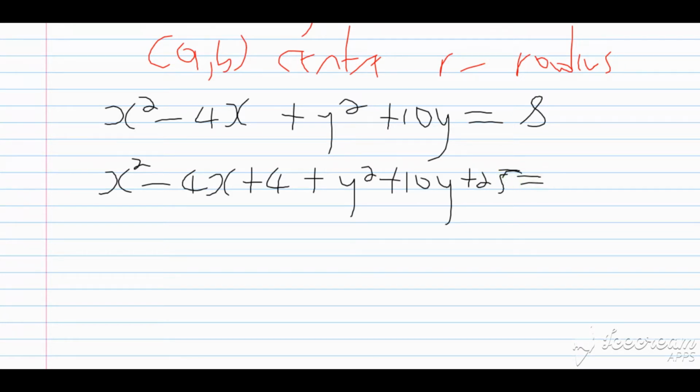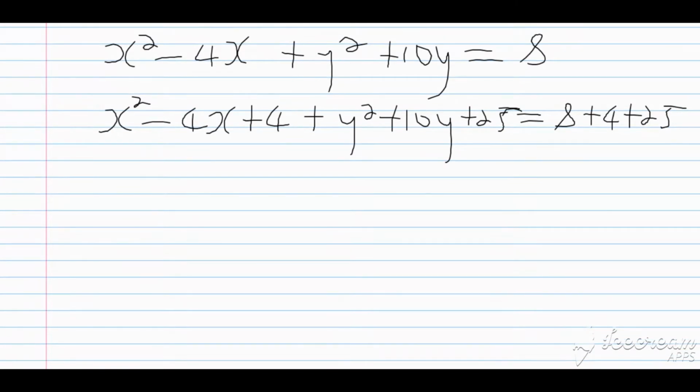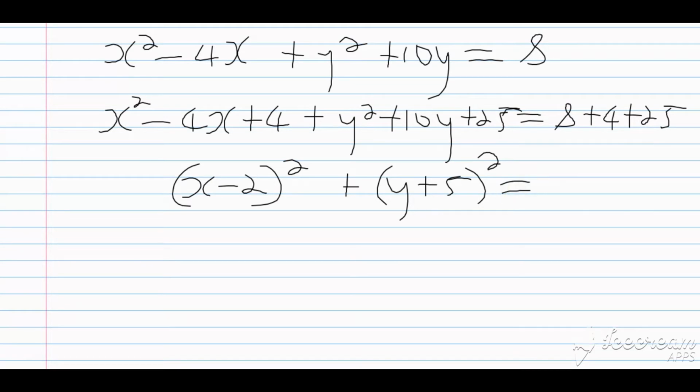Now, because I added 4 and I added 25 on the left hand side, for the equation to maintain its balance, I'm going to have to add 4 on the right, and I'm also going to have to add 25. So this now becomes x minus 2 all squared plus y plus 5 all squared is equal to 37.